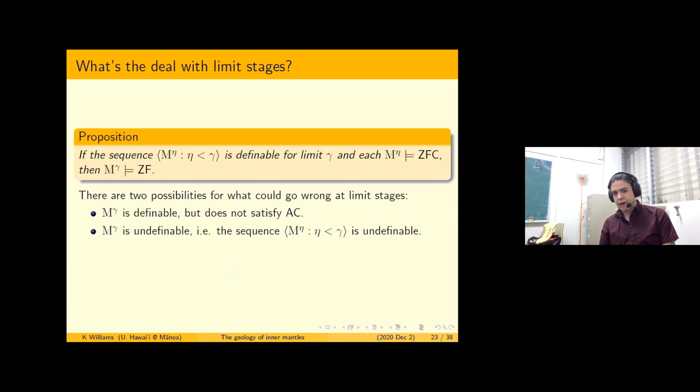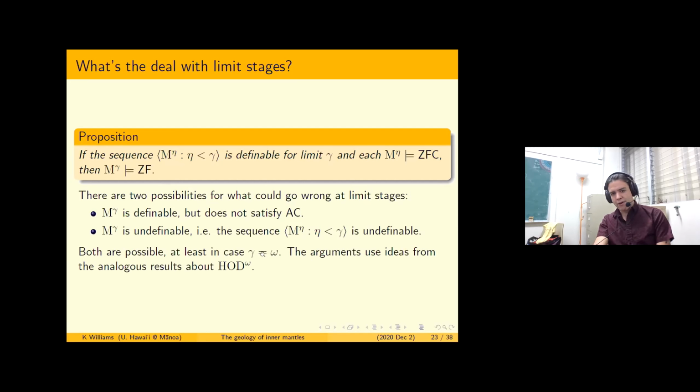It could be that it's definable, but it doesn't satisfy the axiom of choice. And it could be that it's undefinable, which is to say that the sequence of things below it must be undefinable. Because of course, if the sequence was definable, you could define the next stage by just taking the intersection of everything in the sequence. If the sequence is definable, their intersection is definable. Okay, and we're going to see that both of these possibilities can happen.